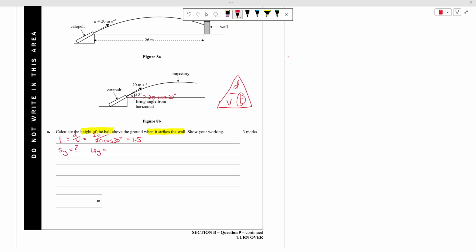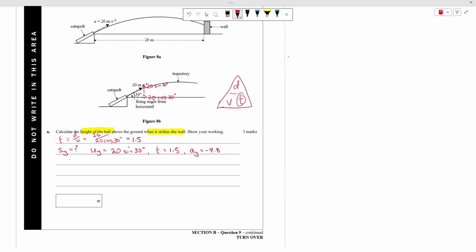That is this component of the initial velocity, which is 20 sine 30. We know how long it takes for the ball to get to where it's going, and the vertical acceleration is gravity, negative 9.8. Just make a note, it has to be negative because we've assumed up is the positive direction here. So there's your S, U, T, and A.